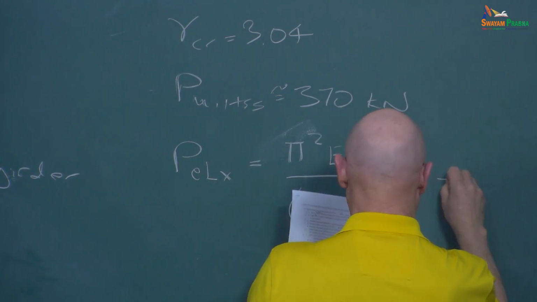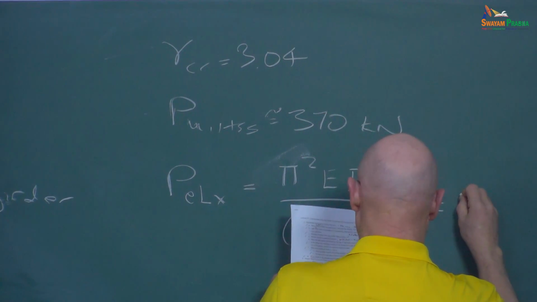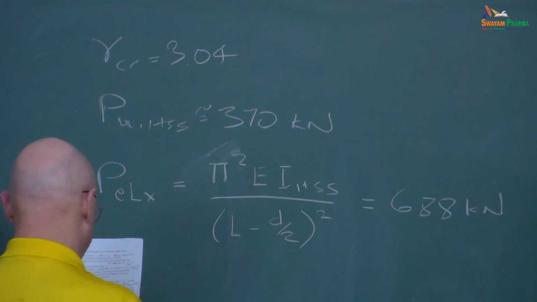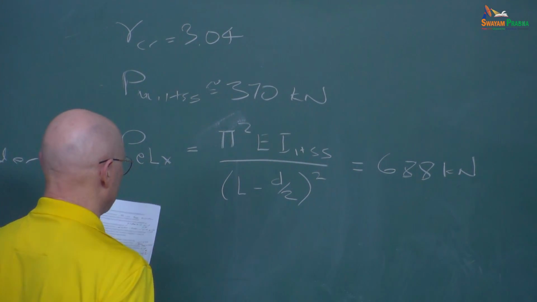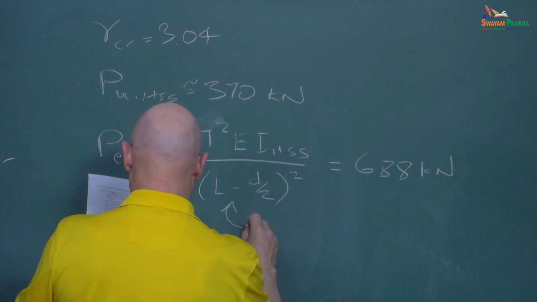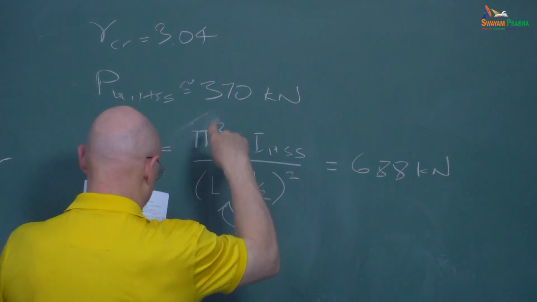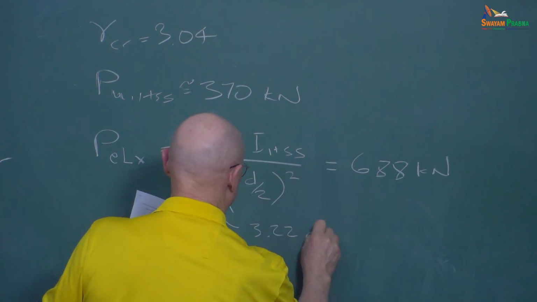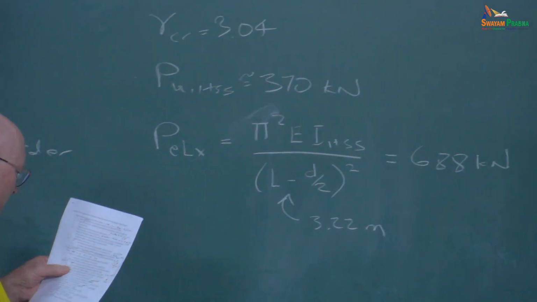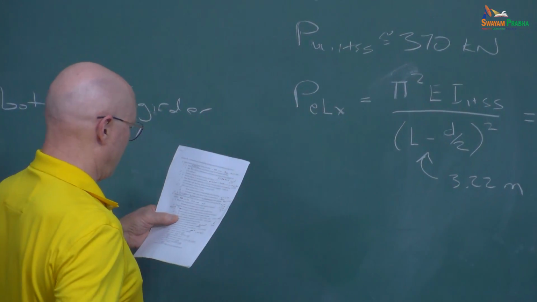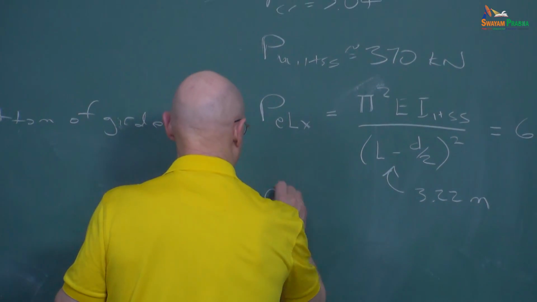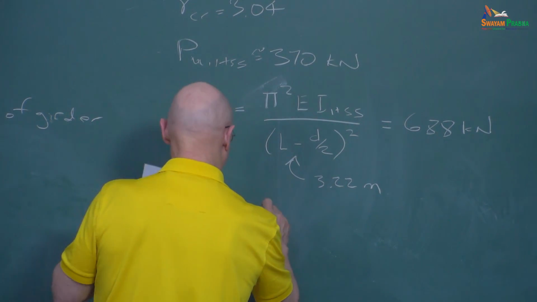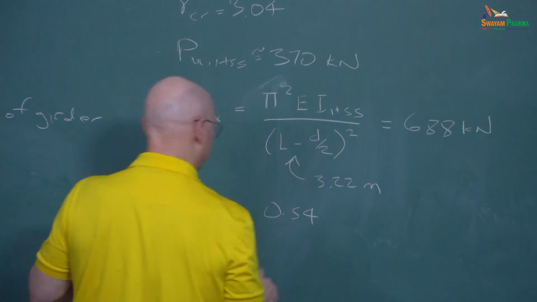So if I do that, I get 688 kilonewtons for that. For this we get 3.6 meters from base to the center line of the roof girder. So this is 3.22 meters here for L minus d/2. And so the P_U over P_EL here is 0.54.